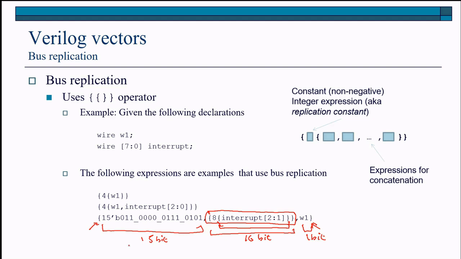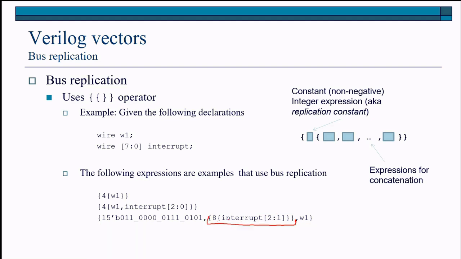And those 3 expressions are concatenated or joined together to give us a 32-bit value. So this last example uses bus replication as an expression which is part of a bus concatenation expression.